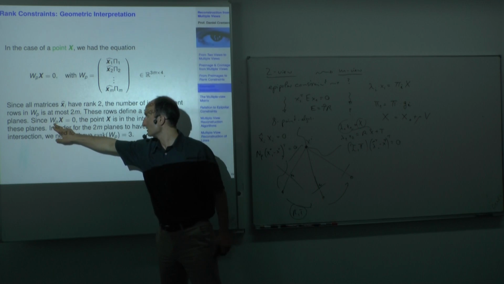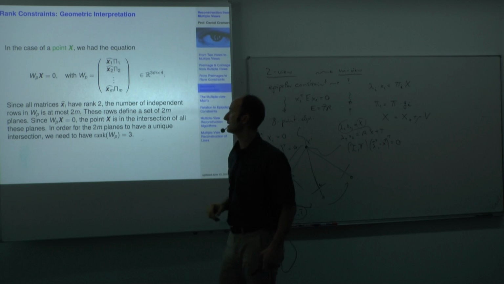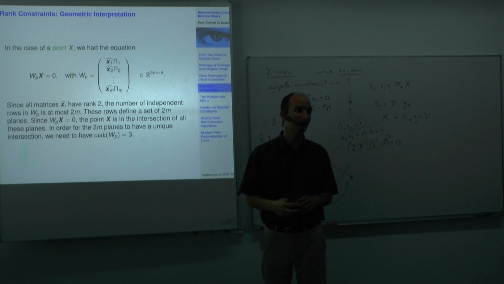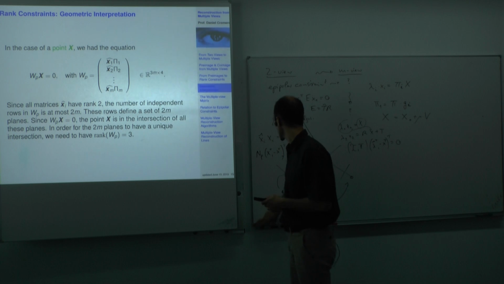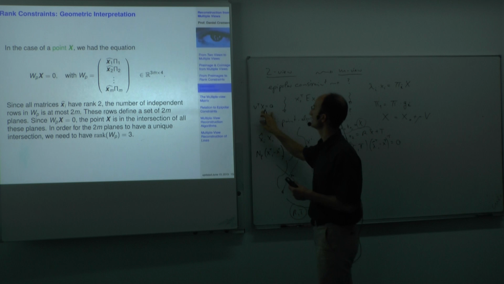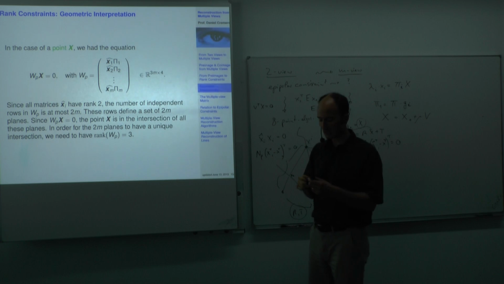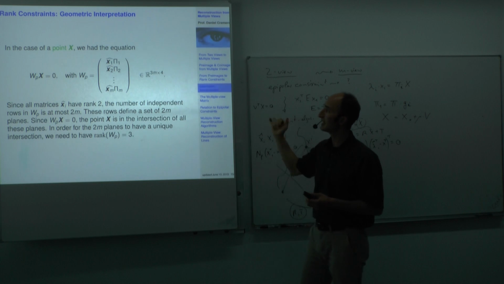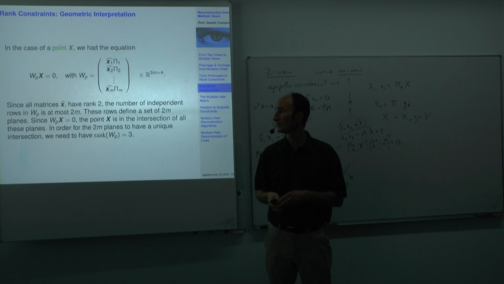Because WP times X equals 0 means that the point X is in these planes, right? If I have a vector, say v transpose large X equals 0, it means that X is orthogonal to v. That means that if v is the normal of the plane, X lives in that plane.